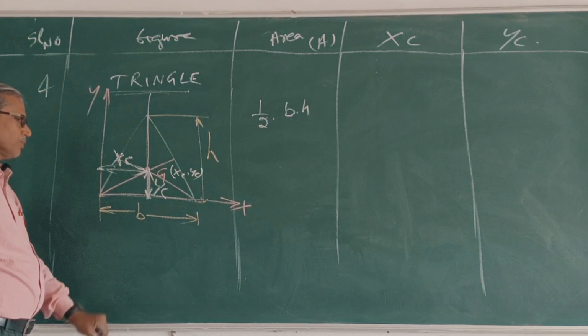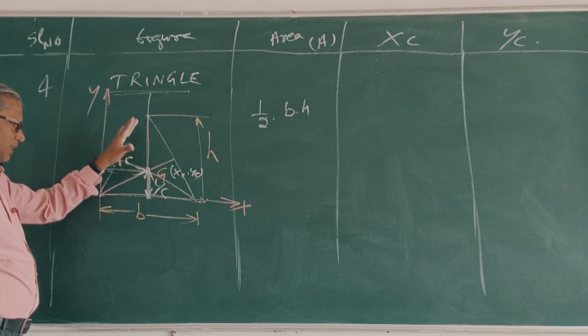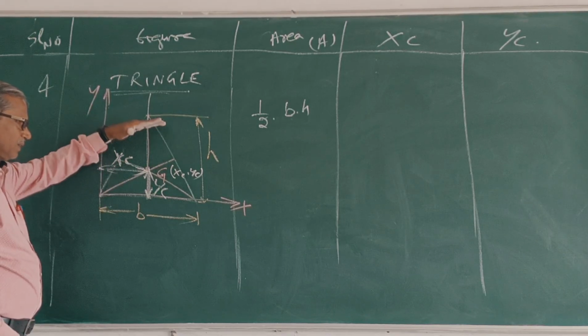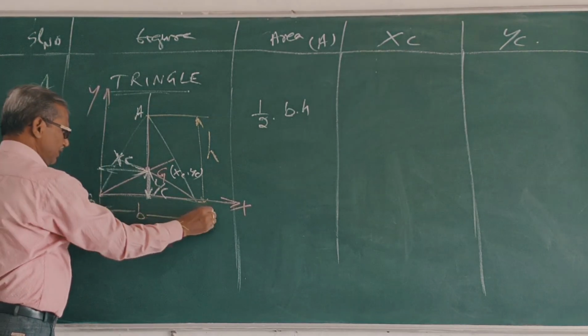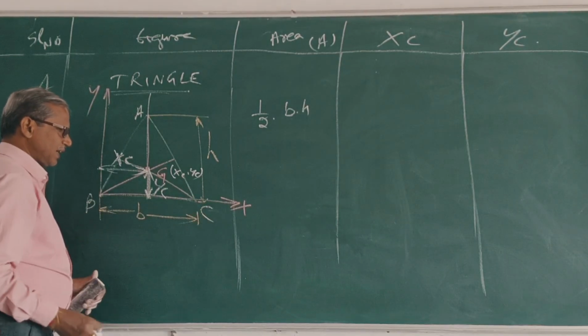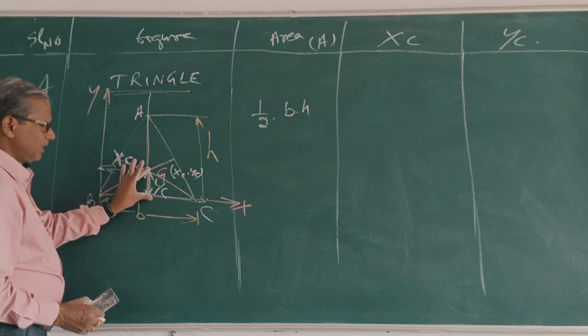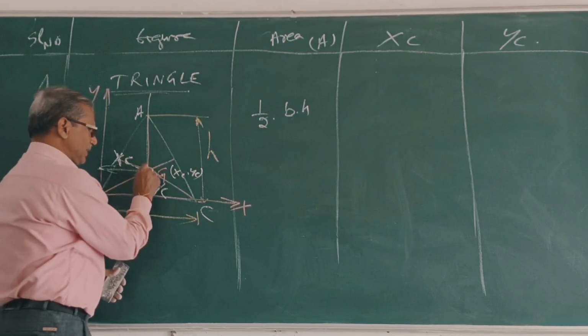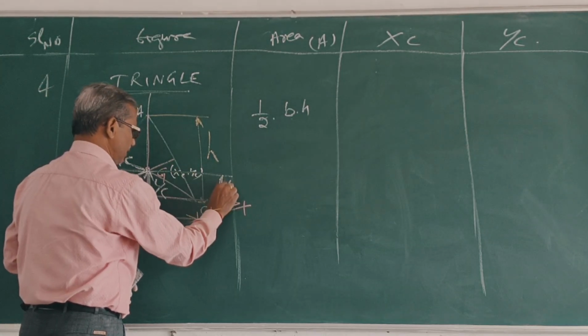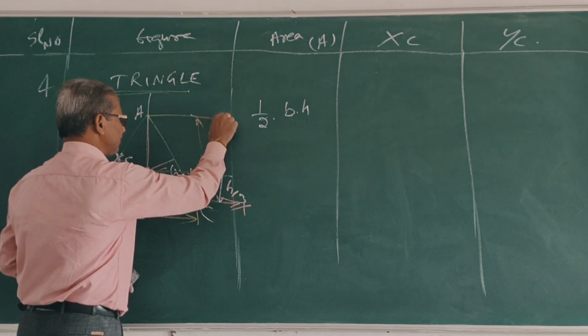Now, what is YC? This is base, this is apex. A, B, C. This triangle, this height YC. This height is h by 3, and this is 2h by 3.